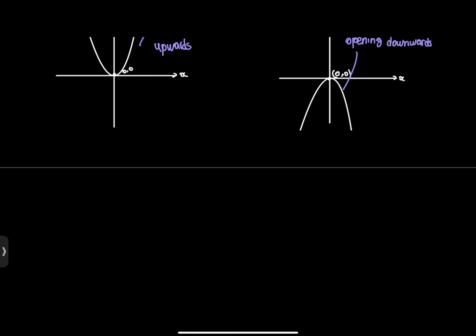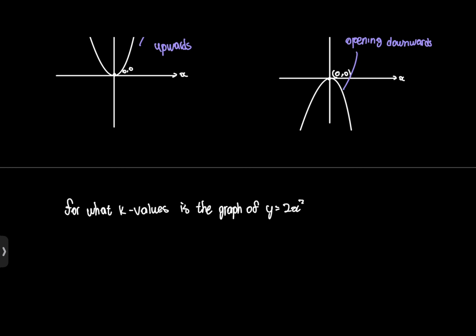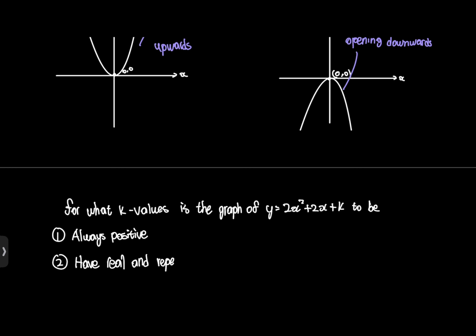So now that we understand discriminants, let's do some questions. So the first question is, for what k values is the graph of y equals 2x squared plus 2x plus k to be number 1, always positive, and number 2, have real and repeated roots, and the third one is have real and distinct roots.